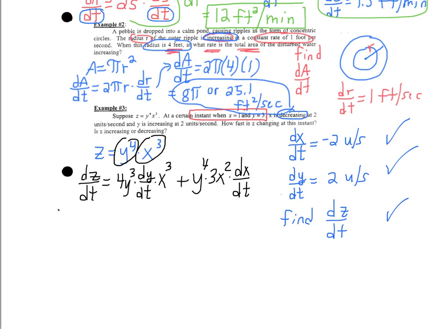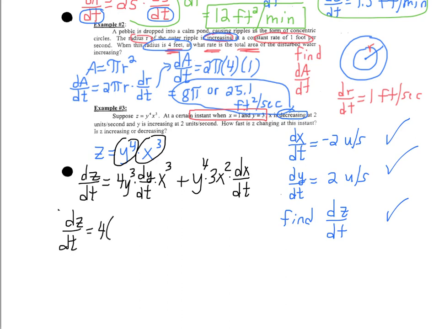Yes, it's an x term, and with implicit differentiation, with the x terms, we just found the regular derivative and didn't tack on anything. But that's when it was with respect to x. This is with respect to time, or t. So we have to tack on dx/dt. So we're trying to find this dz/dt.